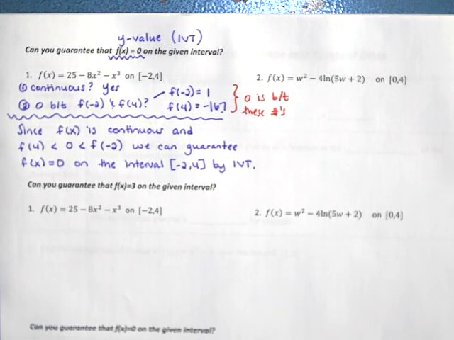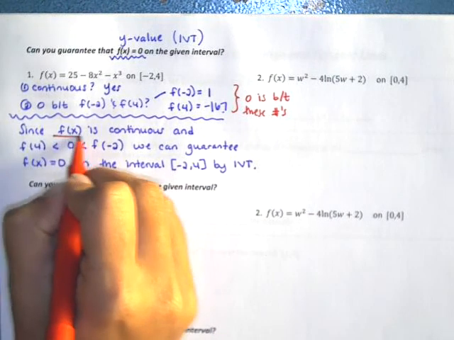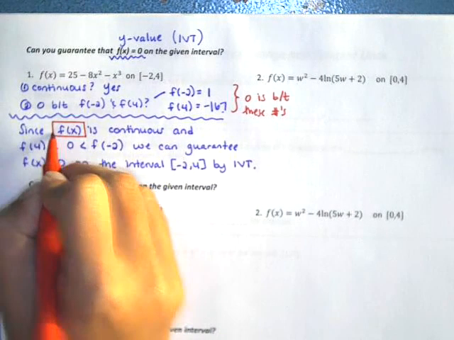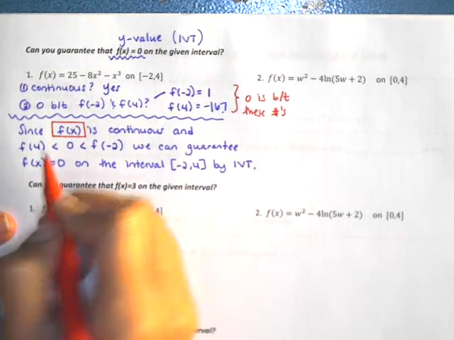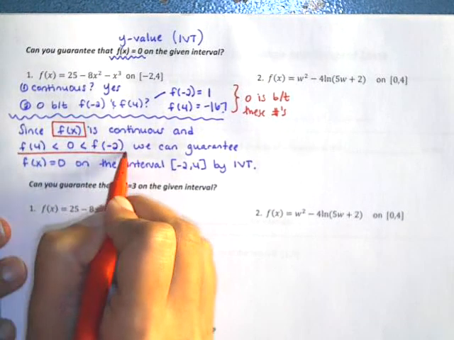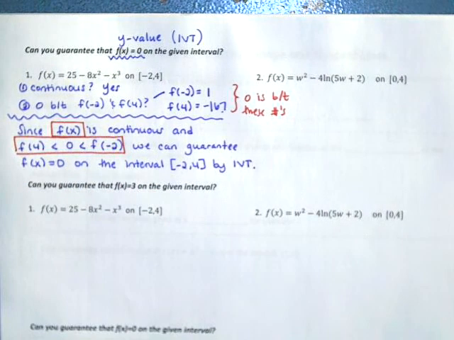Now I know this seems like a lot to write, but I want you to think about this as sort of a fill in the blanks. You're always going to start with since. You're going to fill in the name of the function. So I'm going to put boxes around the part that you fill in. Is continuous, and then you're going to fill in this part. There's always going to be one endpoint that is less than the number that you want to achieve, which is less than the other endpoint.